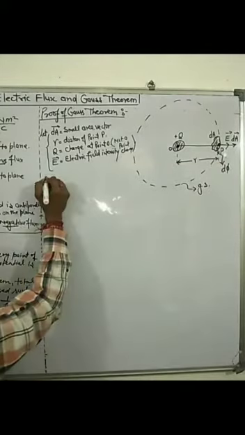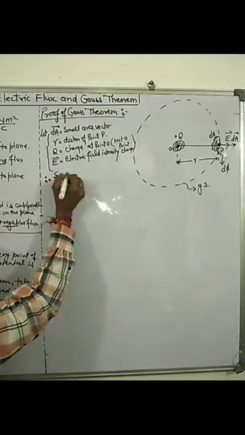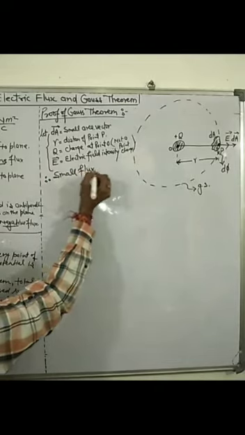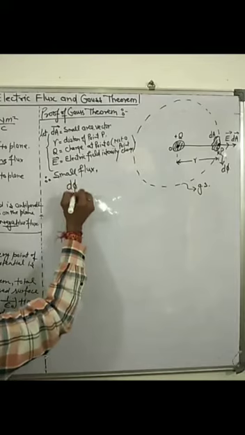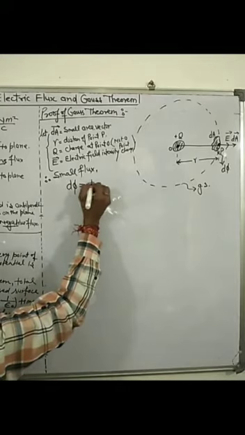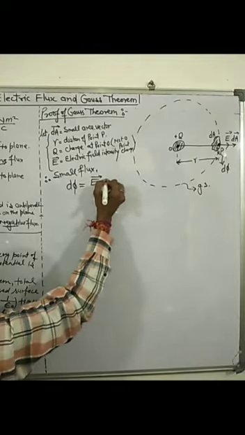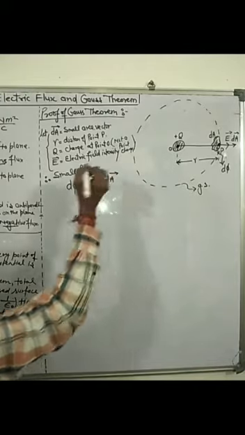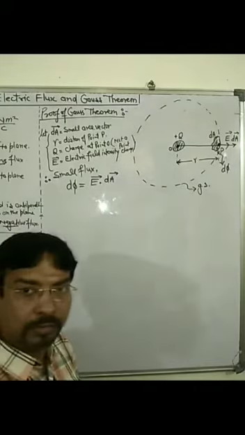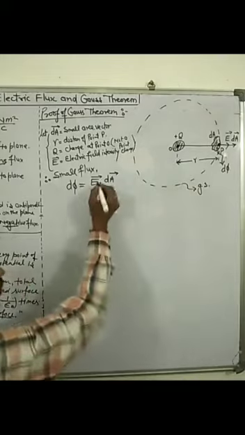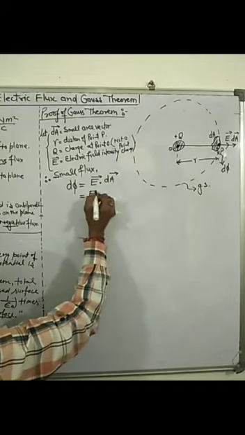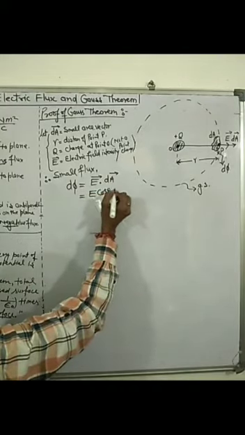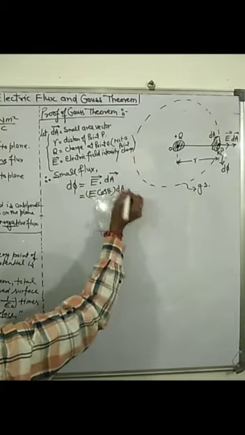So now the small flux d phi is calculated as the intensity of electric field at that point dot product with the area vector. You know, it is a formula. And now what should be its value? It becomes E cos theta dA.